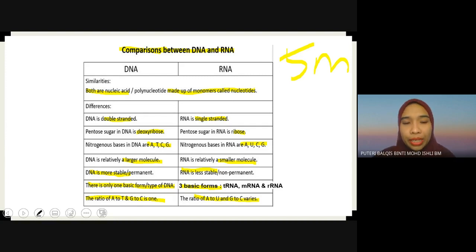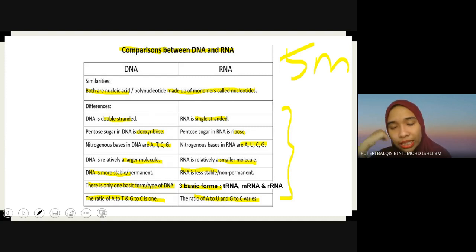Okay, tapi saya punya suggestion adalah, bila kita dah buat differences macam ni, we arrange in terms of the importance.